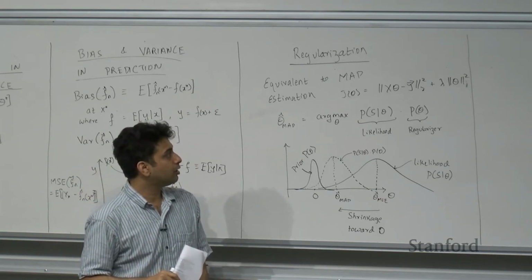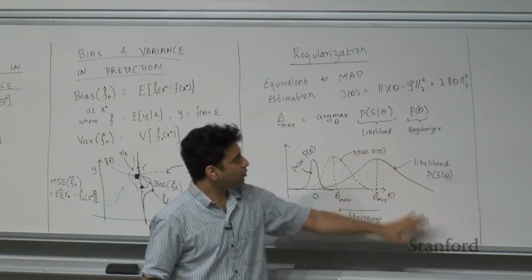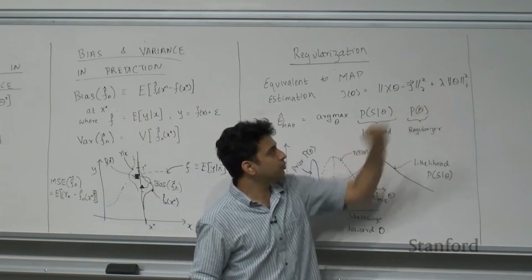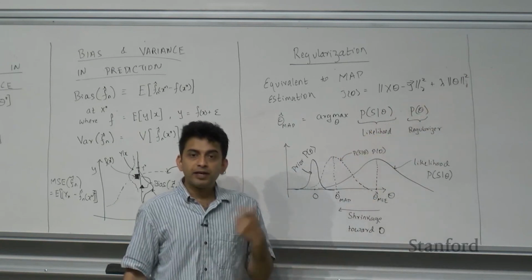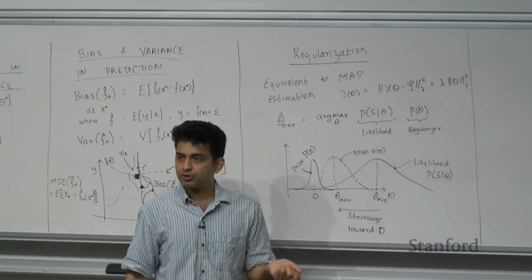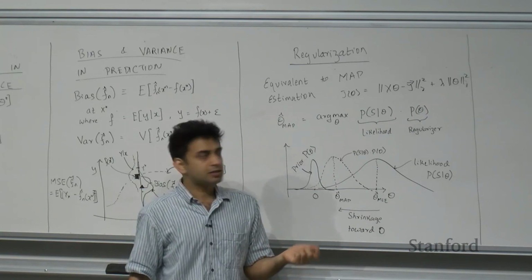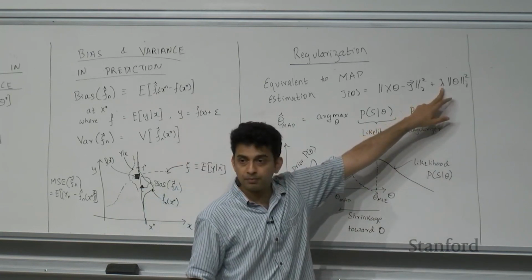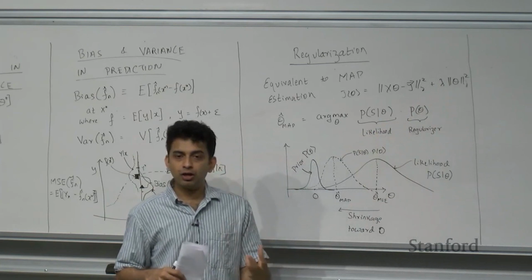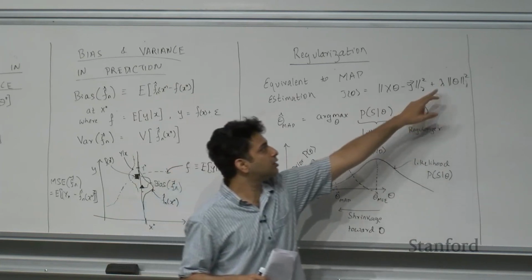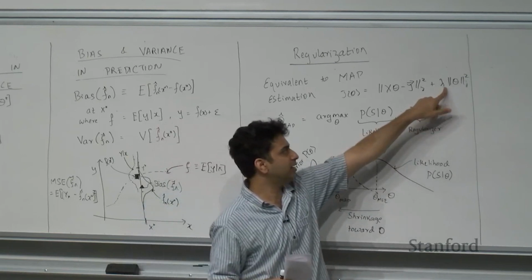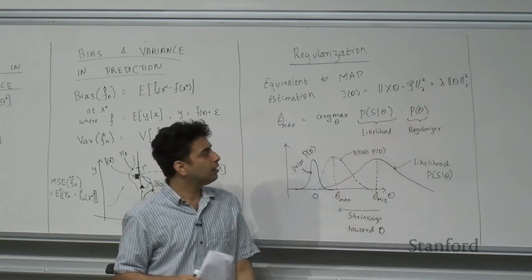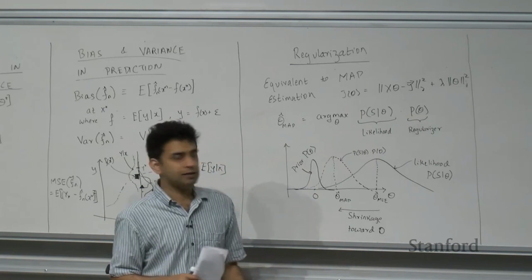So when we have a Gaussian prior, this corresponds to the regularizer term, and the variance that we assign to the prior distribution of the Gaussian is directly related to lambda. The stronger our prior is, the larger lambda is. In your homework, you work out the exact relation between lambda and the variance. But that's the idea in general.